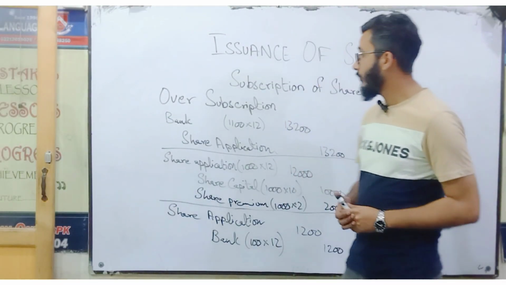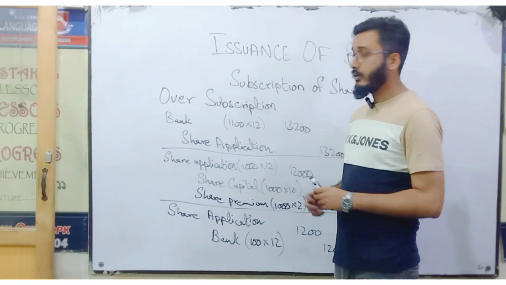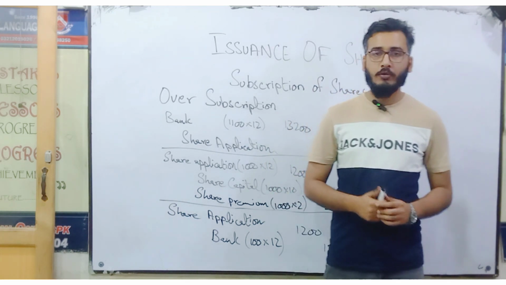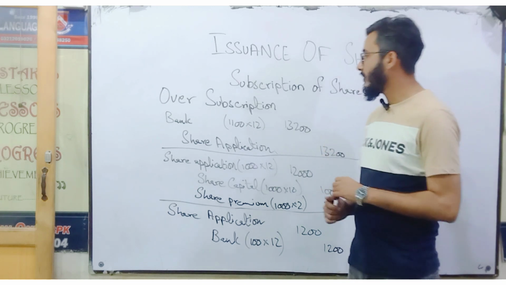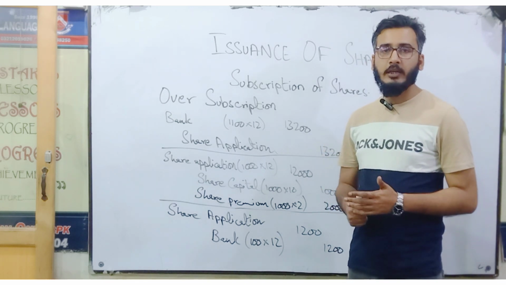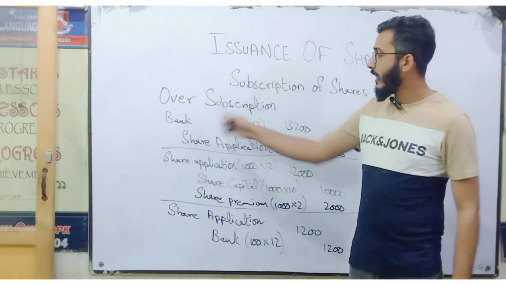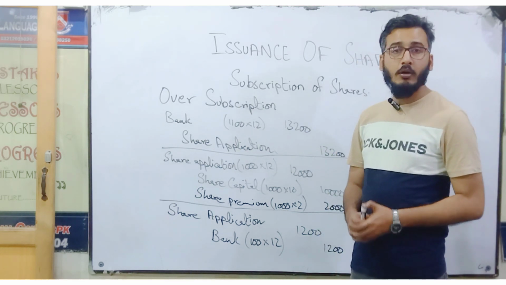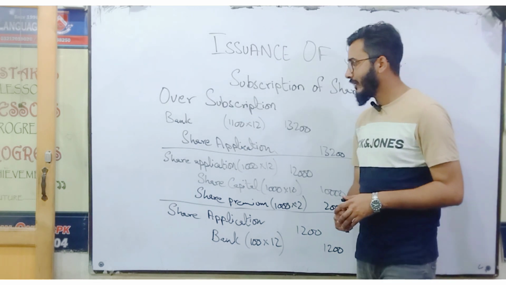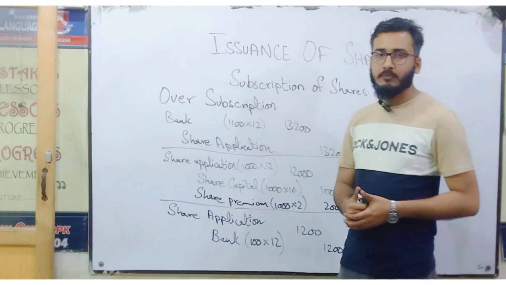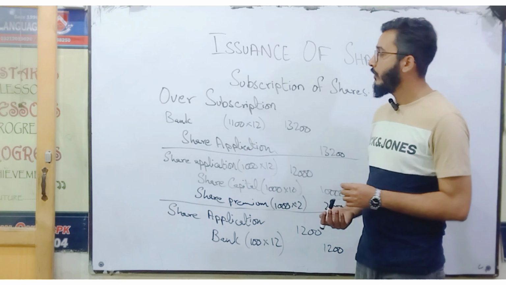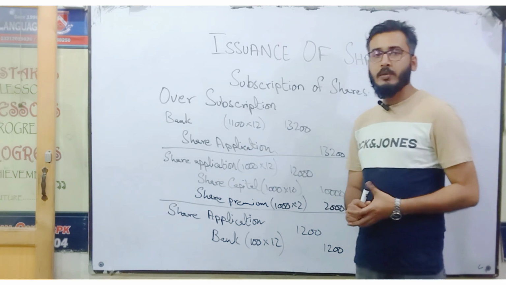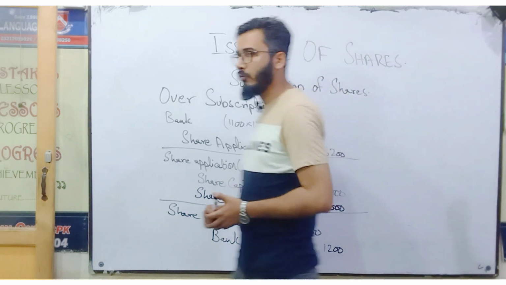Okay, so accounting treatment of oversubscription: here we won't pass the entry of the offer, same as the case before. But here we will pass the entry of applications received. With the application, the applicant has submitted the check as well, so the bank has been debited and the share application has been credited, same as before.